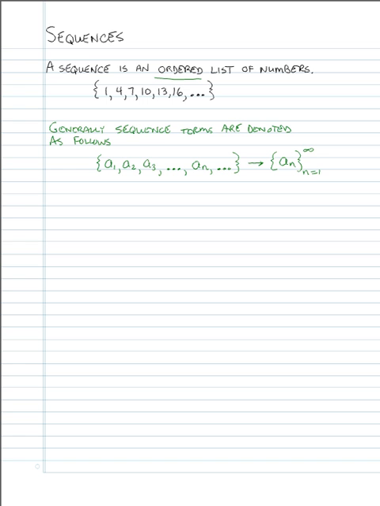Remember, A sub 1 indicates that it's the first term. And A sub 2, where the 2 is called the index, indicates we're referring to the second term. And of course, A sub n would indicate that we're referring to the nth term.